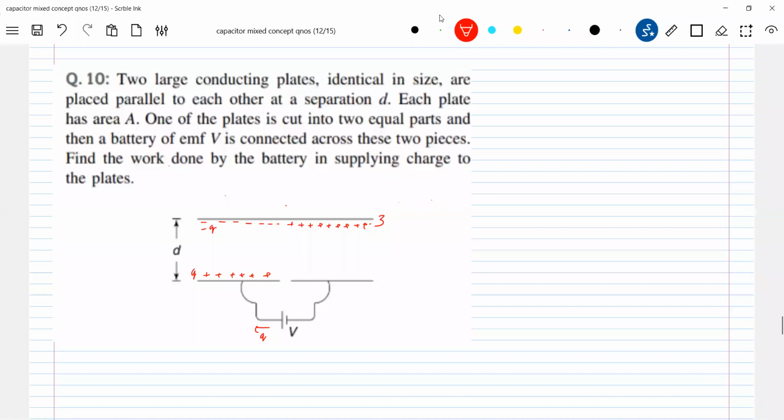So this was plate 1, plate 2, plate 3. And it will induce charge, and from here the charge will enter. Conservation of charge principle. So look at the field, the direction of field here will be like this. The direction of field here will be in this direction.